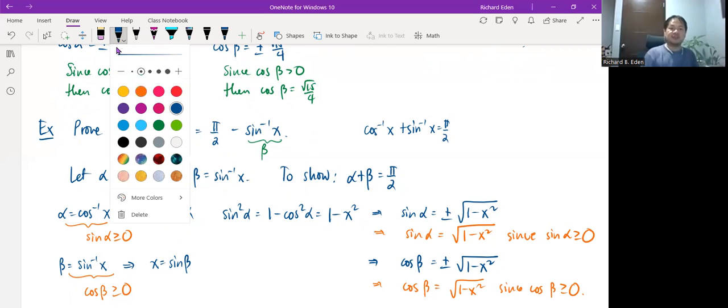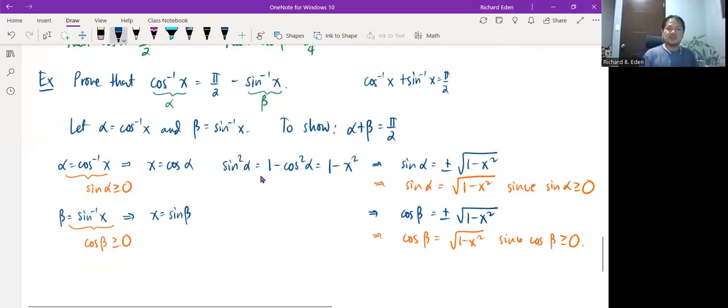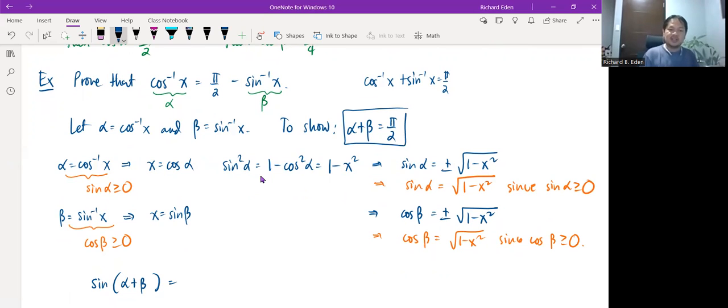Okay, now let's have a look at, wait, I said earlier sine of alpha plus beta. Okay. So our goal is to show that alpha plus beta equals pi over 2. Now sine of alpha plus beta should be sine alpha cosine beta.